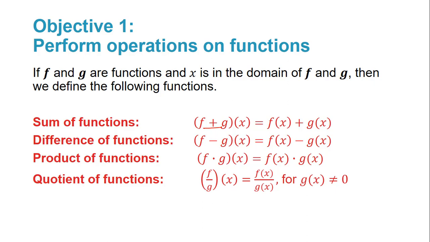The product of functions, f times g of x, is equal to f of x times g of x. And the quotient of functions, f over g of x, is equal to f of x divided by g of x, for g of x not equal to 0.